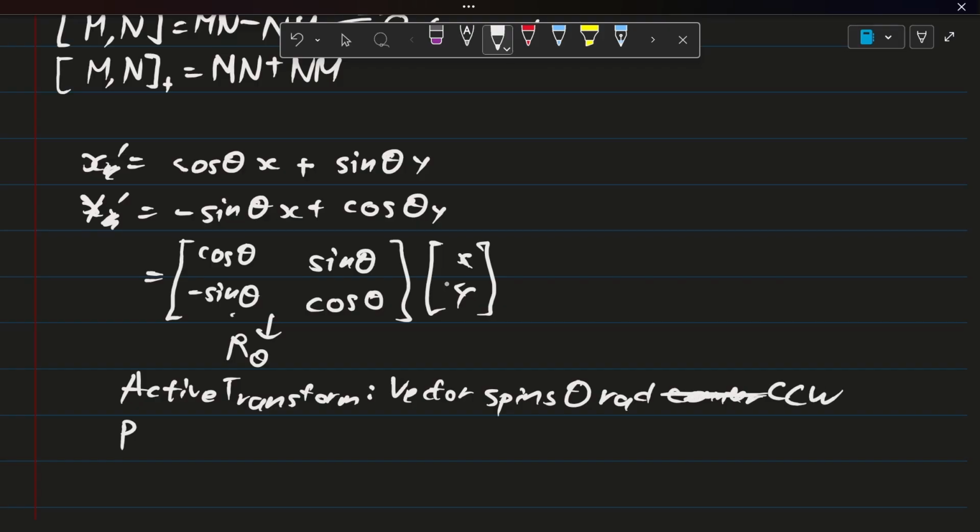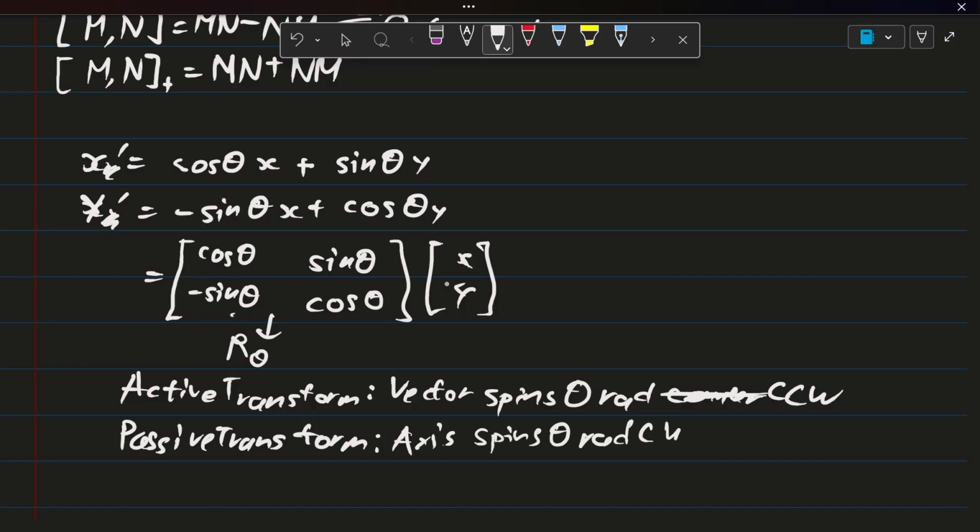But if you look at it in a passive transformation, in which you transform your basis, you would see that the axis, so the basis axis, spins theta radian clockwise.